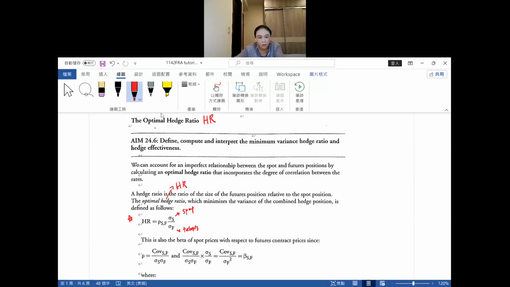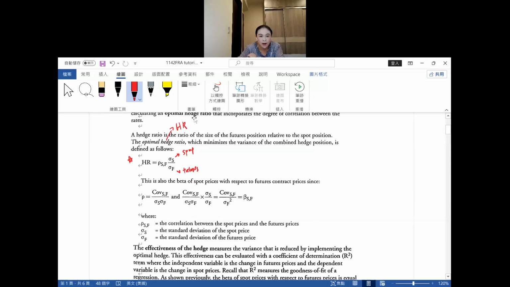And how do we compute it? The correlation rho equals the covariance of S and F divided by sigma S times sigma F. Occasionally we can also translate it to the beta, which is for the index.